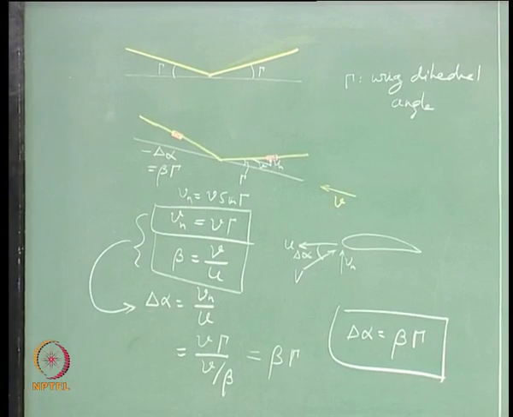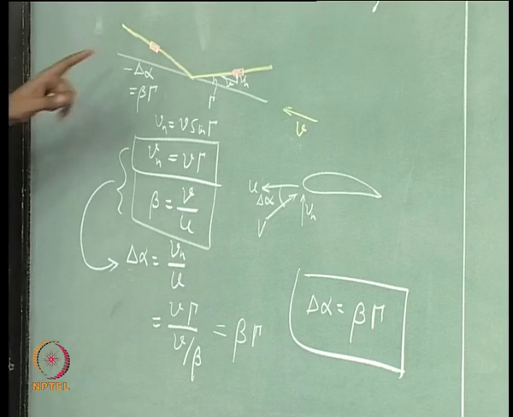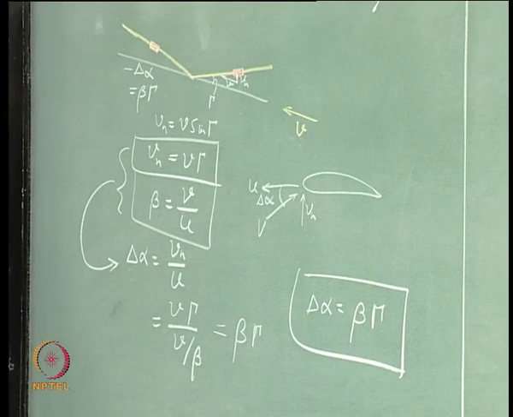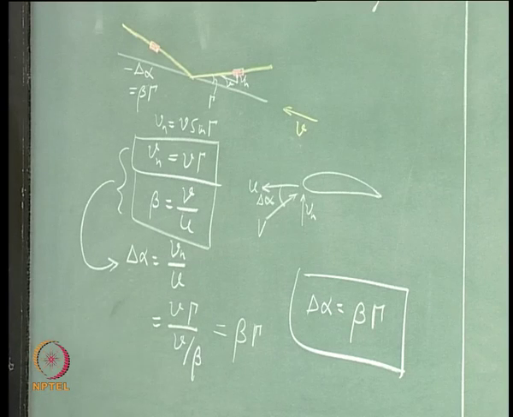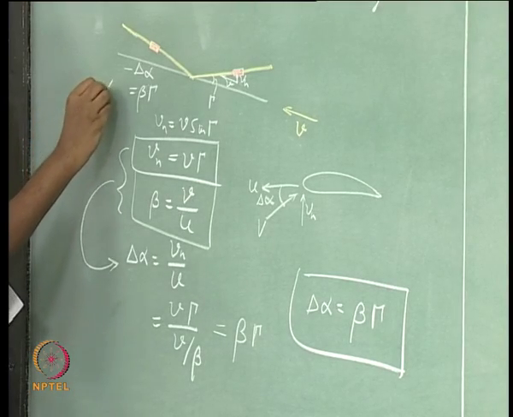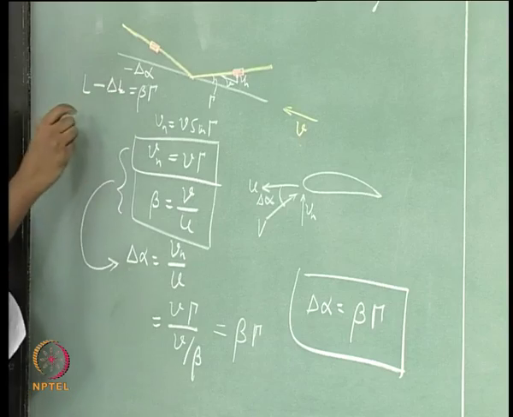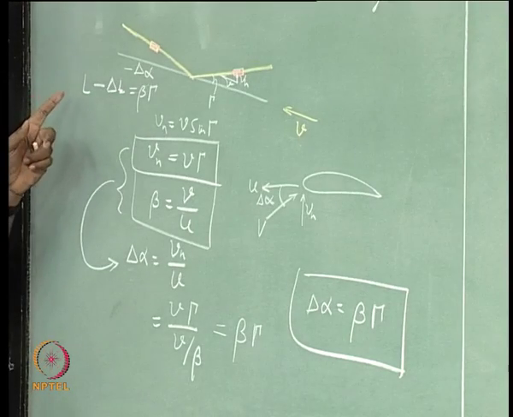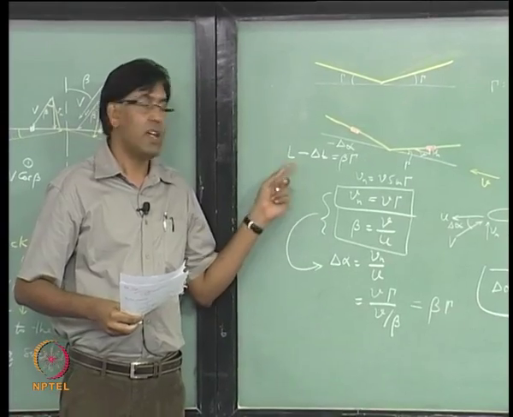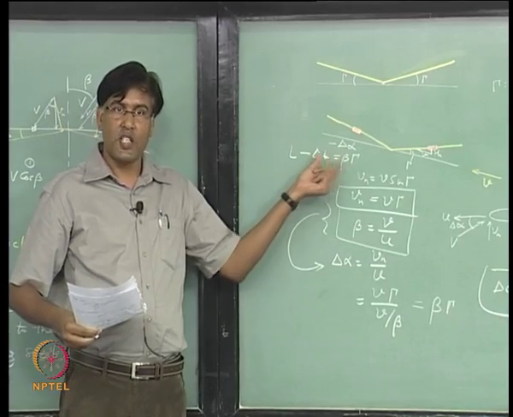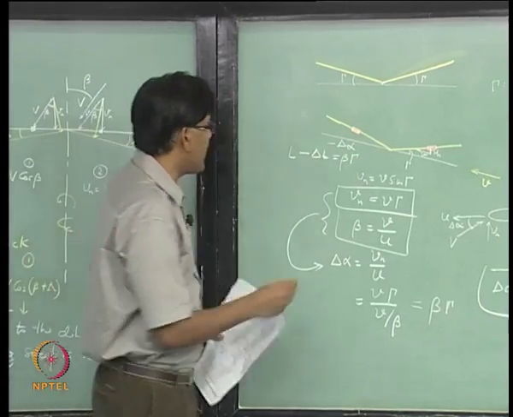The change in angle of attack on this side is negative, and because of that there is going to be a reduction in lift. So, L minus delta L on this side. This L is when you are flying in level condition. This delta L is coming because of this effect.